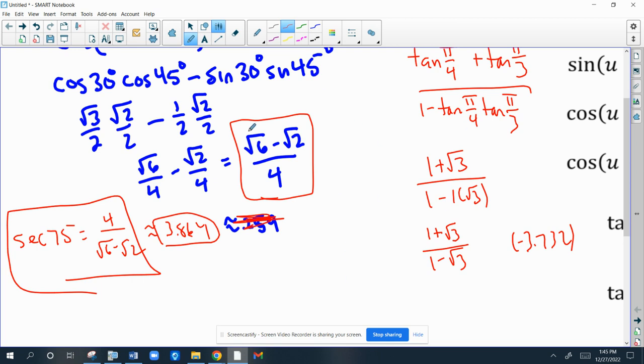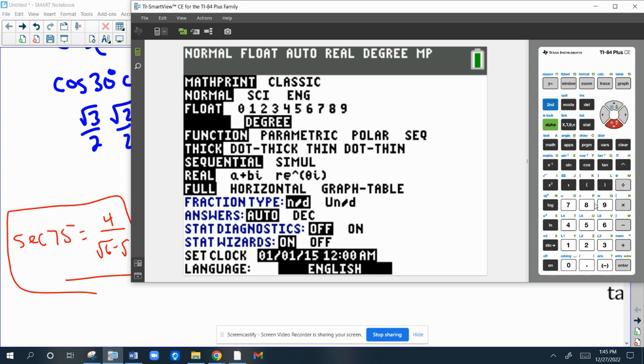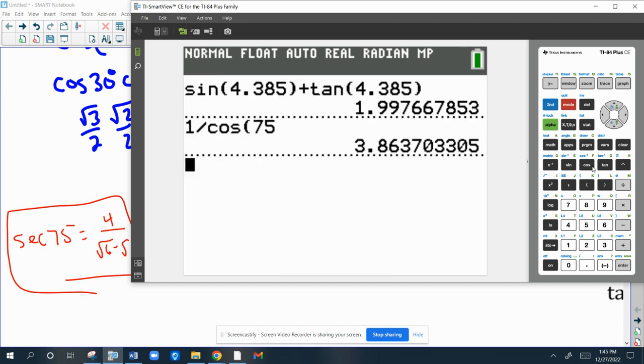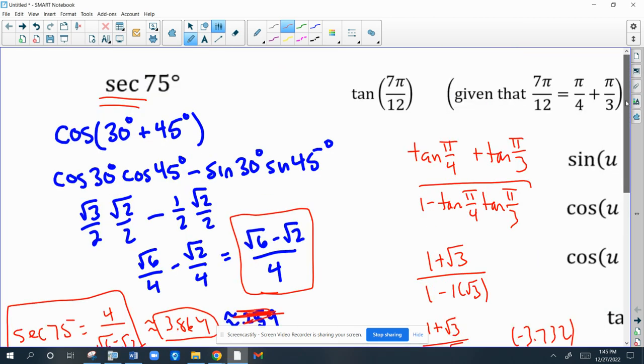So let's do the tangent one real quickly. Change it to radian mode. And then tangent of, what were we doing? 7 pi over 12.